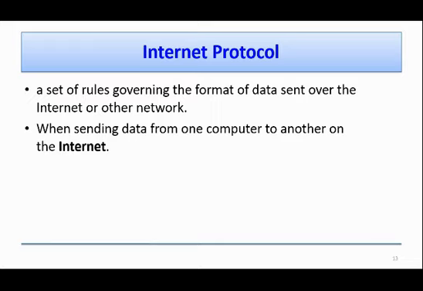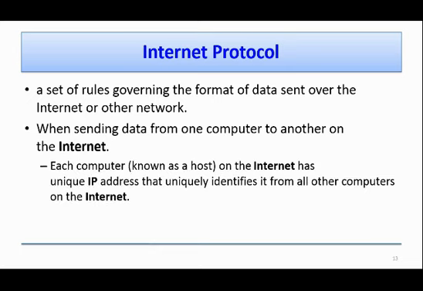When you're sending data from one computer to another on the internet, this IP address is very important. Without unique identification we can't send data in proper way. Therefore IP address is a very important thing in computer network.